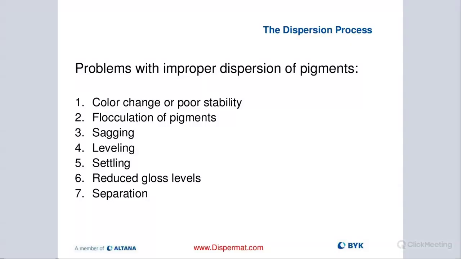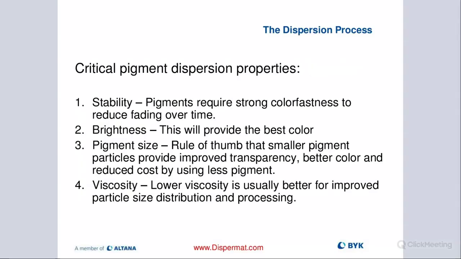Very good dispersing agents. Sagging, leveling, settling, as well as reduced gloss level or haze are some of the issues that come up, and then obviously separation of our particles. So it's very important that we look at the stability.